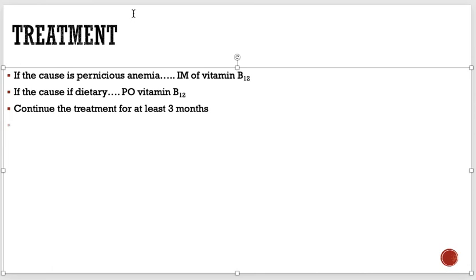Okay, and whenever we give through the mouth, we give high dosages, guys, because the absorption is not high. So we give like 1 to 2 milligram every day, a very high dosage by oral route, of course, because the absorption is not so good.